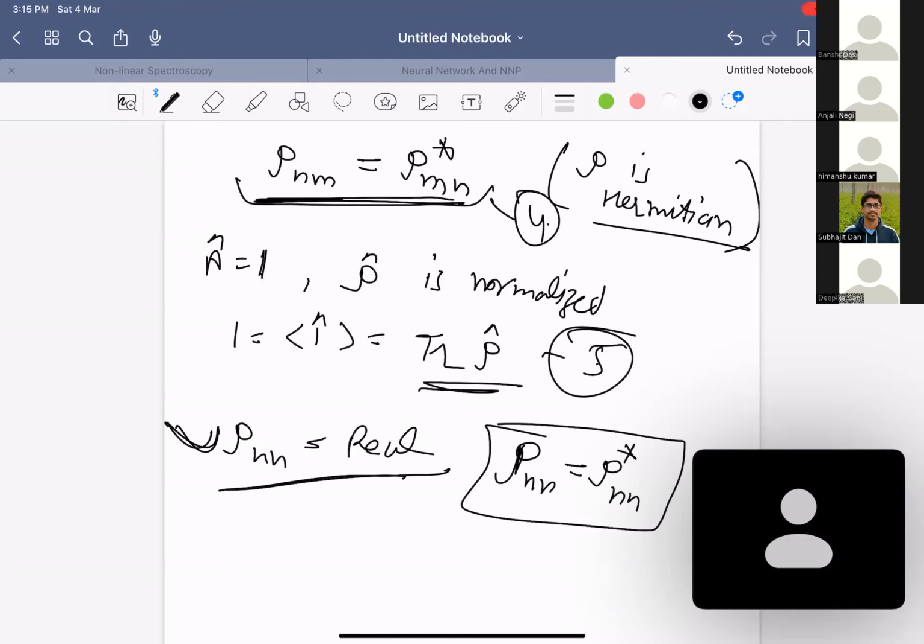And from equation 5, the trace is equal to 1, so the density matrix is normalized. Sorry, the sum of the diagonal elements is always equal to 1, which means these diagonal elements of the density matrix will always be between 0 and 1.